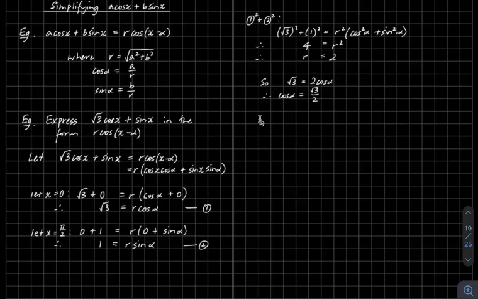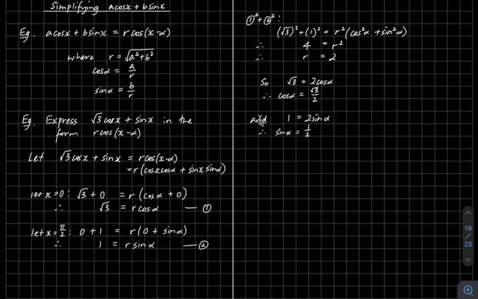So that's from 1. And from equation 2, we've got 1 equals 2 sine alpha, which rearranges to sine alpha equals a half. So what is the value of alpha for which cos alpha equals root 3 on 2 and sine alpha equals a half?